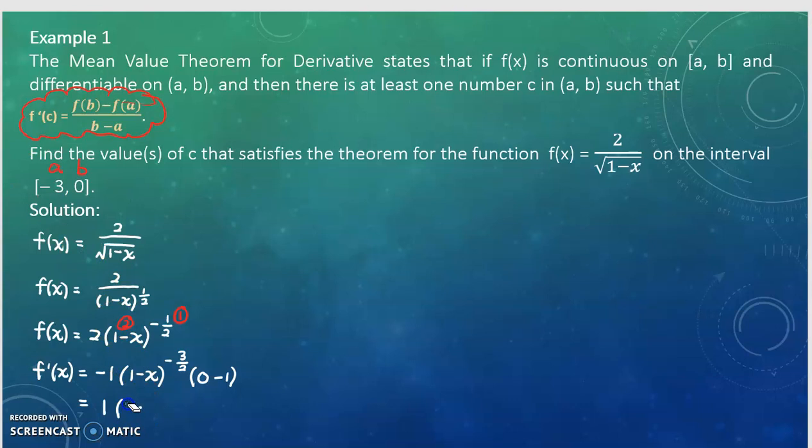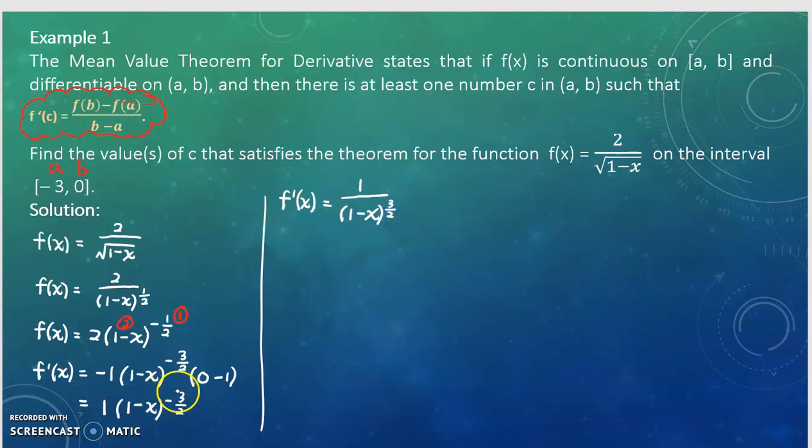So we have 1 times (1 minus x) to the power of -3 over 2. Since this is a negative index, I will change it to a positive index. So f'(x) will be equal to 1 over (1 minus x) to the power of 3 over 2.